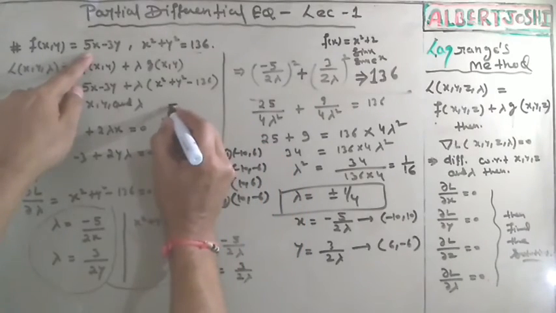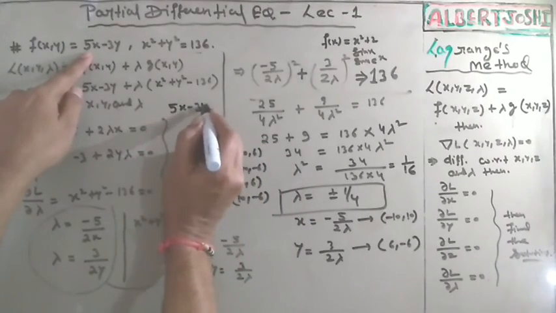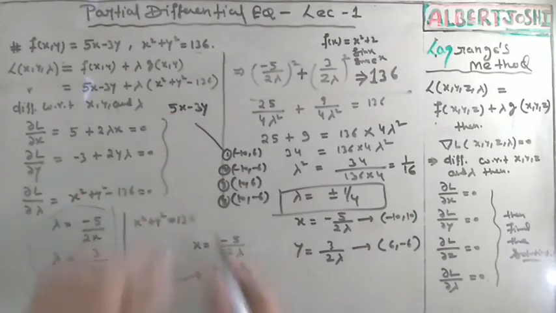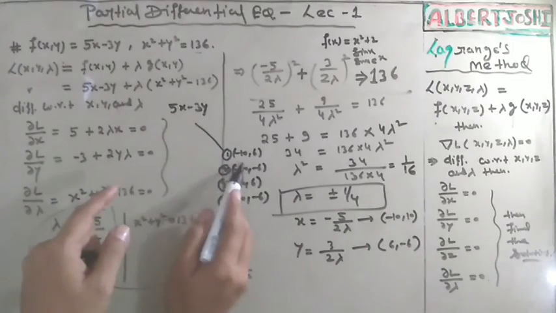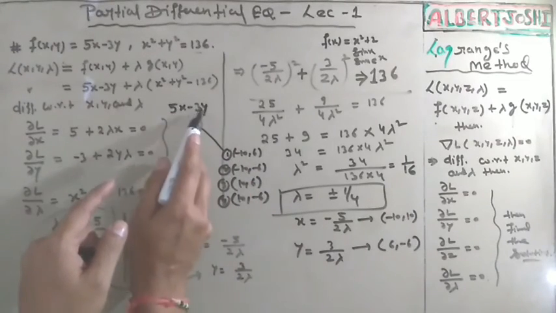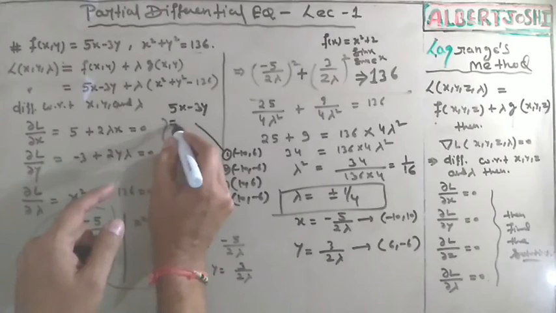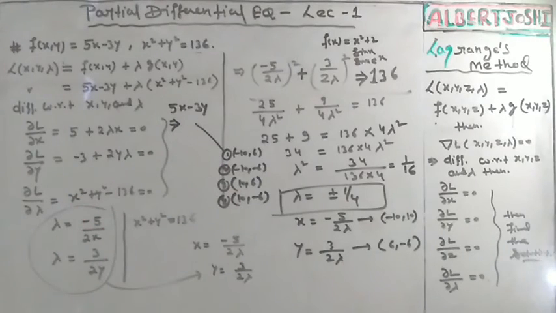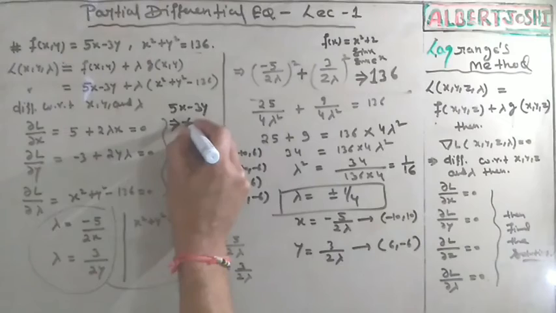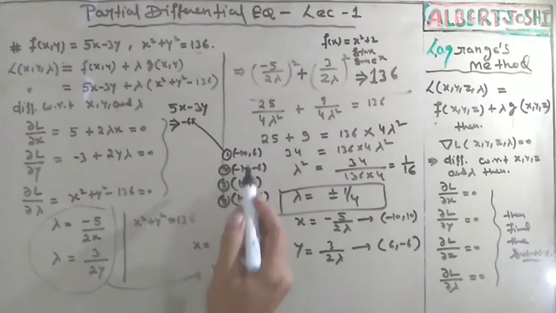So if you put them into 5x minus 3y, then you are getting 5 into minus 10 and 3 into 6, so this time you are getting minus 68. Calculate it.